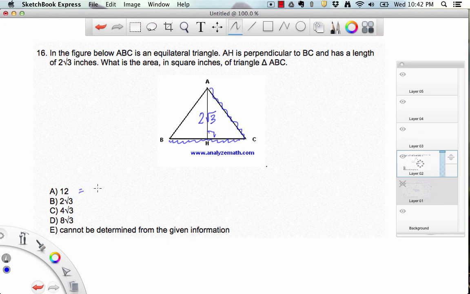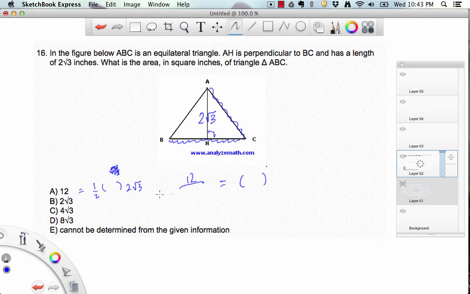Okay, so they're saying this is the area. So if this is half of something times 2√3, we could figure out what that something is to make this equal to 12. To get rid of the √3, we'd have to do a √3 in there, but maybe that's not the quickest way. Let's just do 12 divided by that other stuff, which will be equal to our blank.